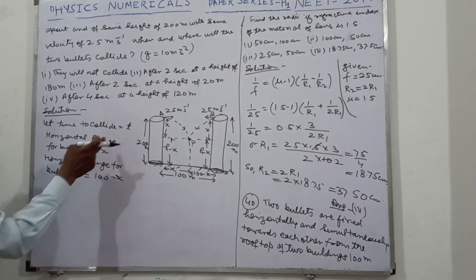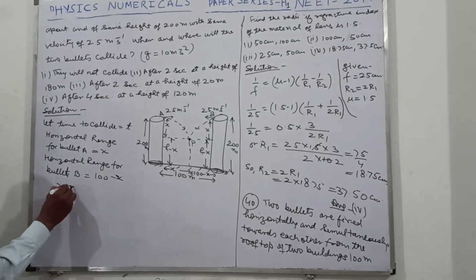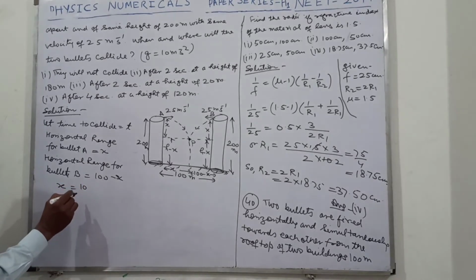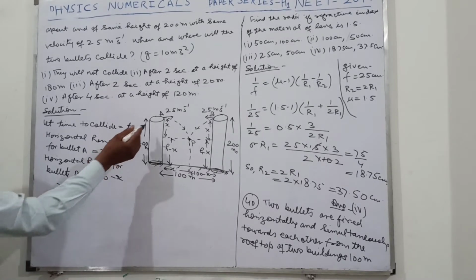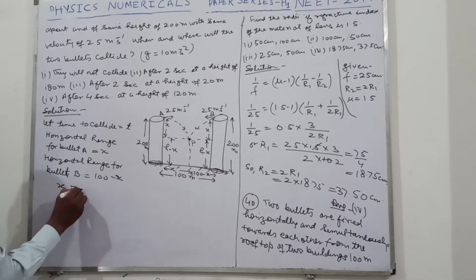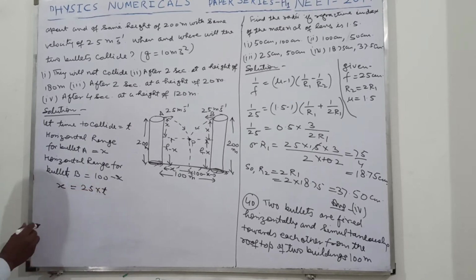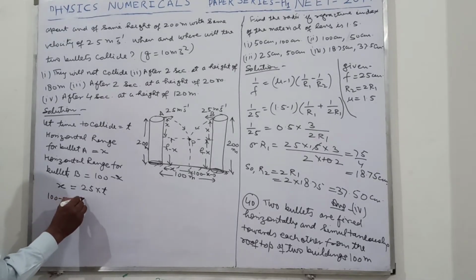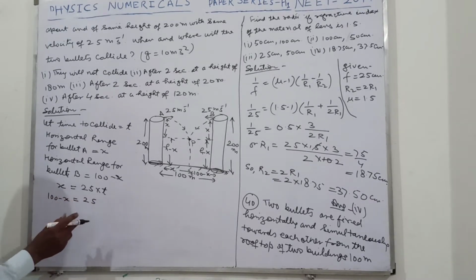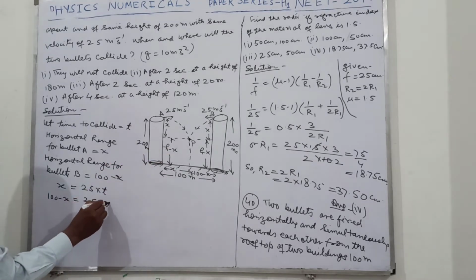Now we have taken the time t where they collide. So horizontal range x equals velocity into time, so velocity is 25 and time is t. And for the second, 100 minus x equals 25 into t again.